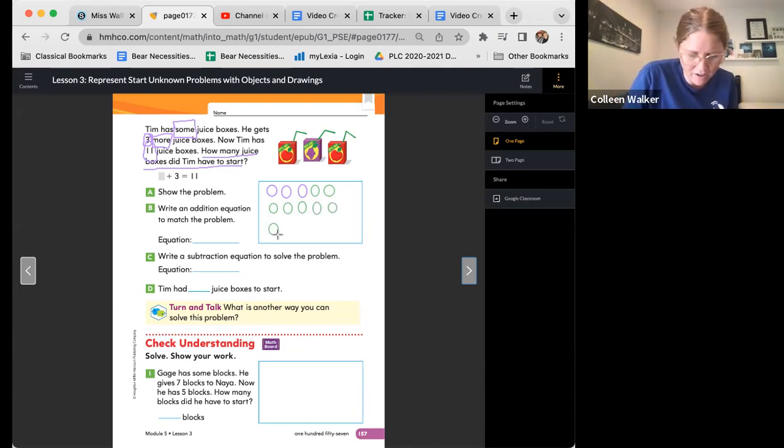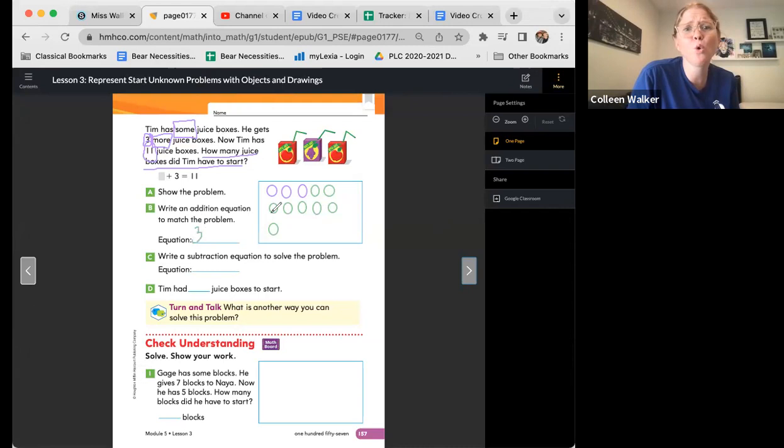Yay, great job. So now, friends, we need to write an equation that matches this picture. So how many juice boxes did we start? We started in our picture with drawing 3.